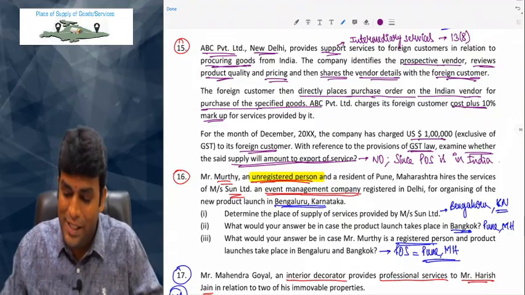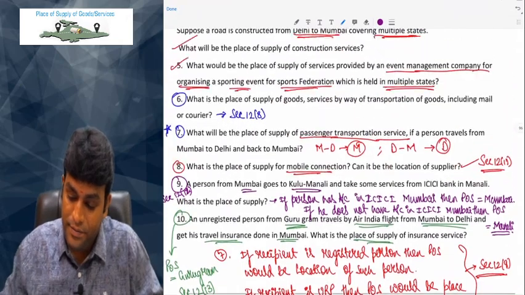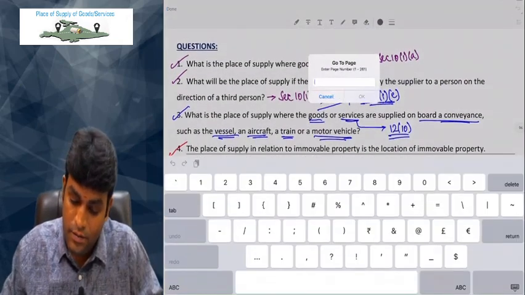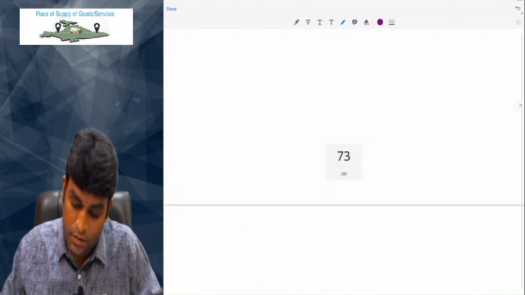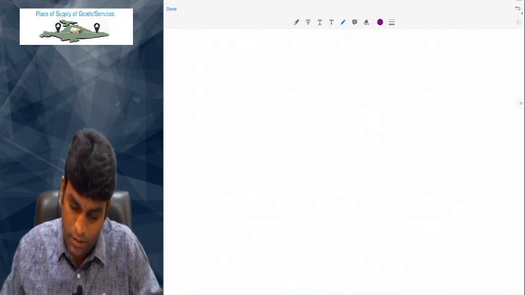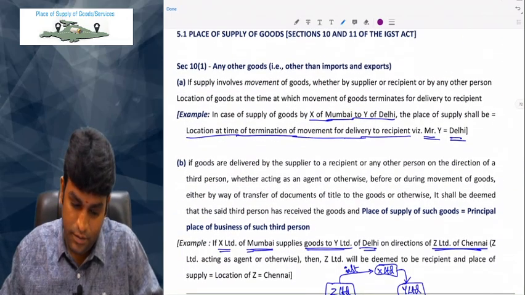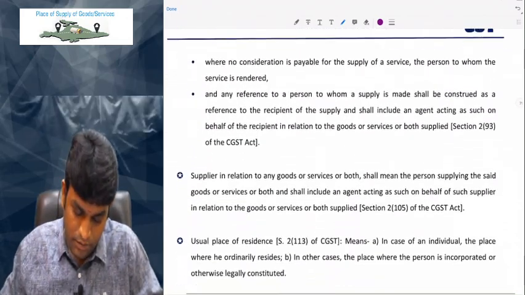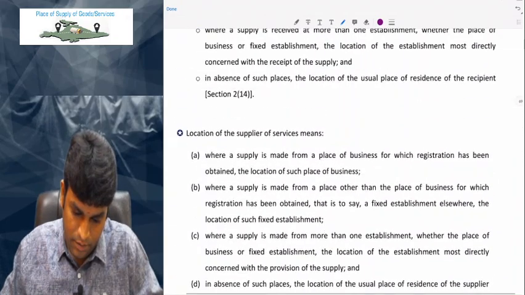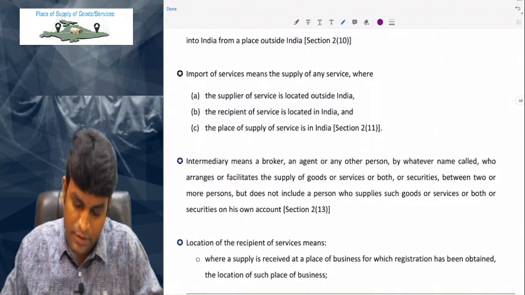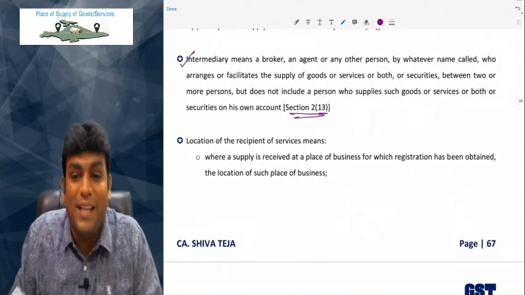Clear, right? So friends, let me show you something interesting here. Sir, this is the definition for intermediary given by section 2(13).